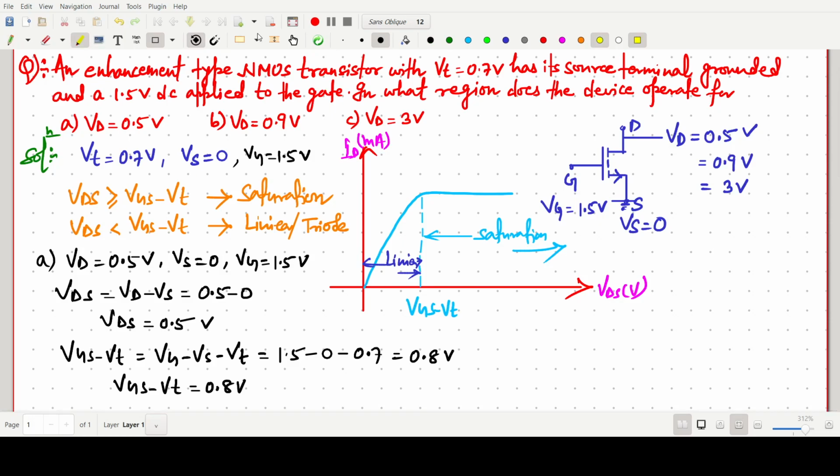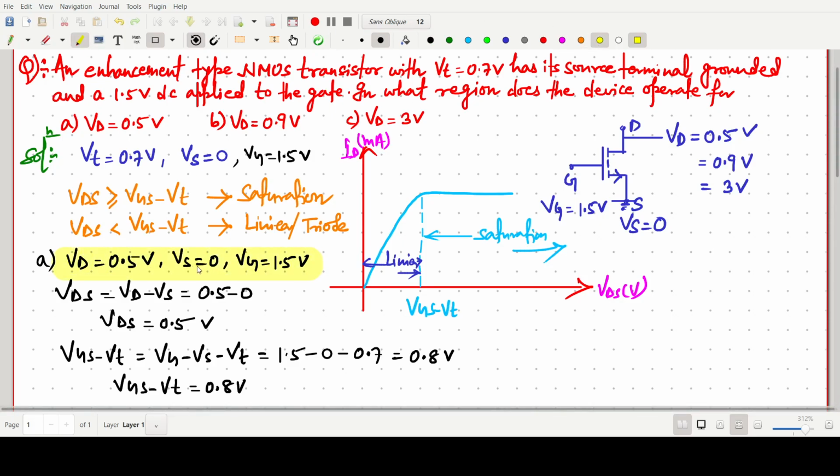Once again I am just highlighting. Given VD 0.5 volt, VS grounded, VG 1.5. First find VDS, which after solving comes to 0.5 volt because VS is grounded. Then VGS minus VT, VG minus VS, that is 1.5 minus 0, minus 0.7, is 0.8.